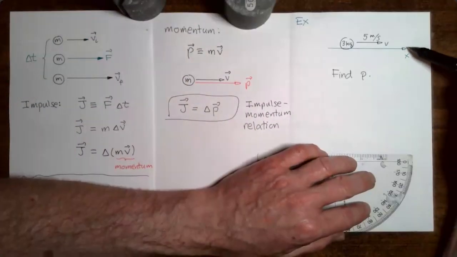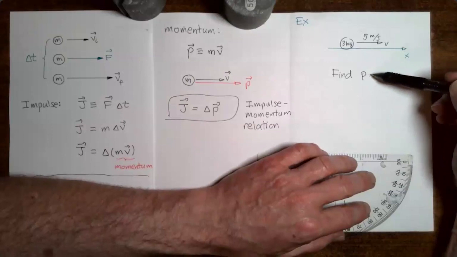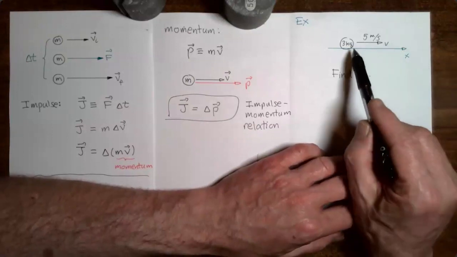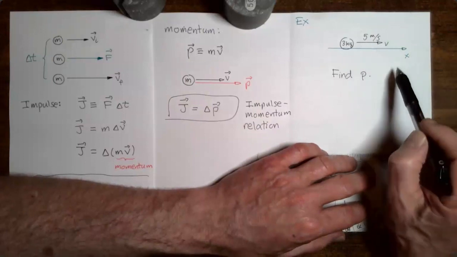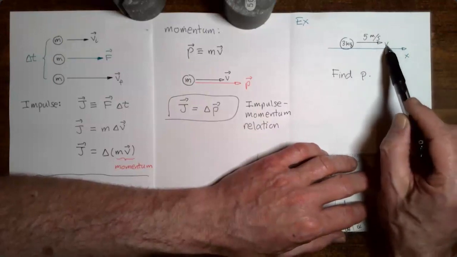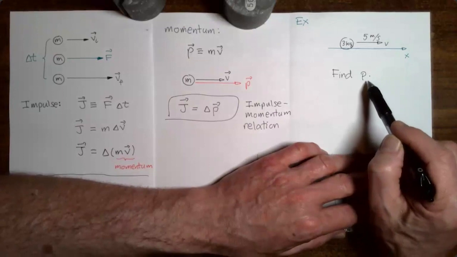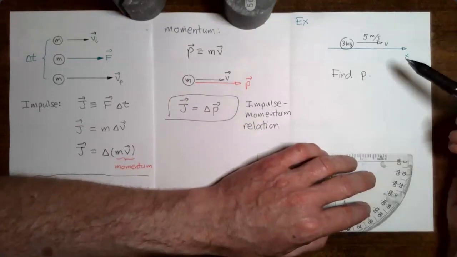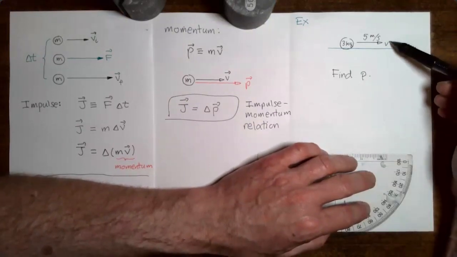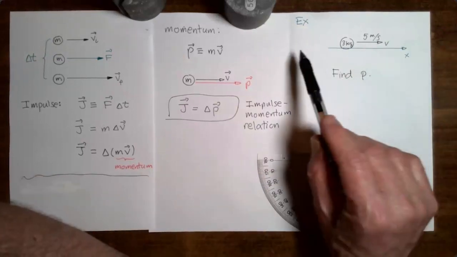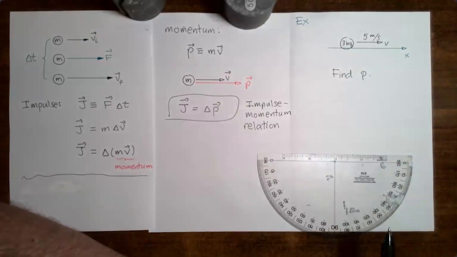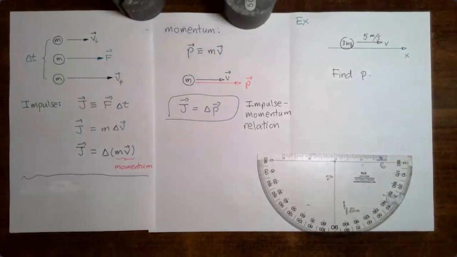Let's do a very quick example to get used to the idea of the momentum. I have here a 3 kilogram mass, which is moving along the plus x direction with a velocity of 5 meters per second. We would like to find the momentum. Notice that I have dropped the vector symbols here and here because everything will be happening along a single coordinate axis, so we can keep track of direction using plus signs and minus signs.